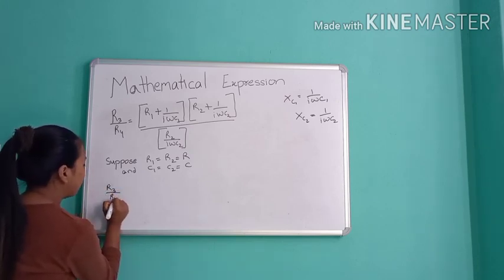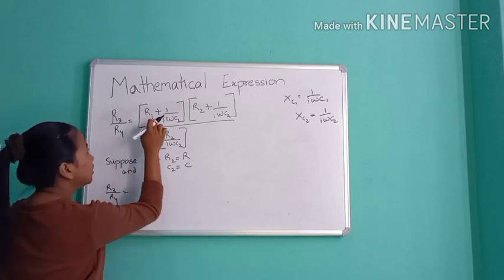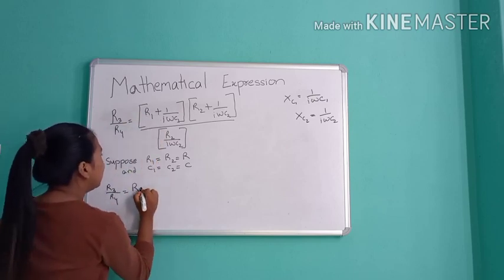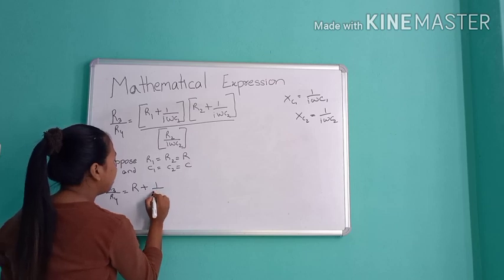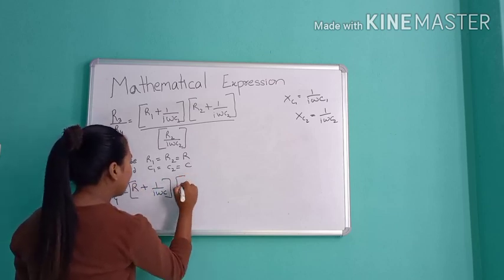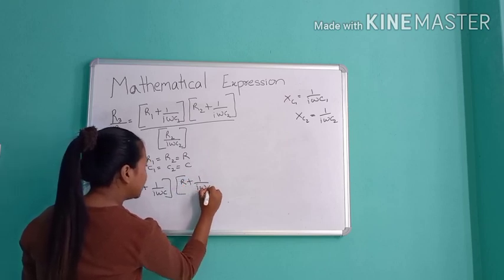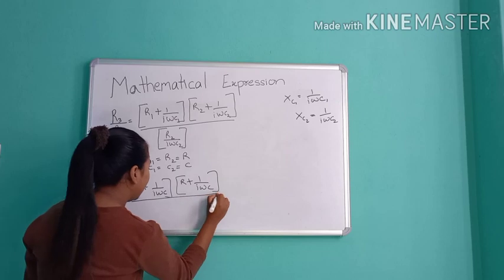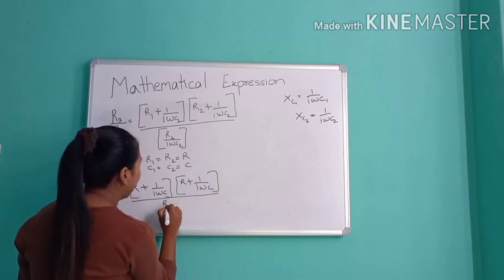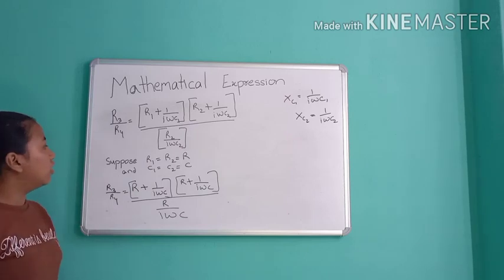R3 by R4 equals, this portion will be R plus 1 by iota omega C, R plus 1 by iota omega C, by R by iota omega C. This is what we got.